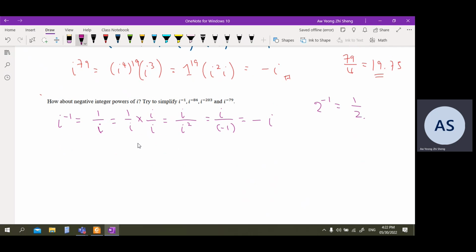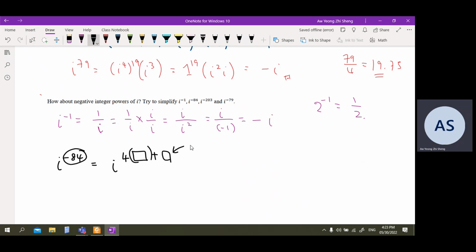Okay, so next, what is i to the power of negative 84? So one suggested method for you to deal with it is you would try to write negative 84 as 4 times something plus something.